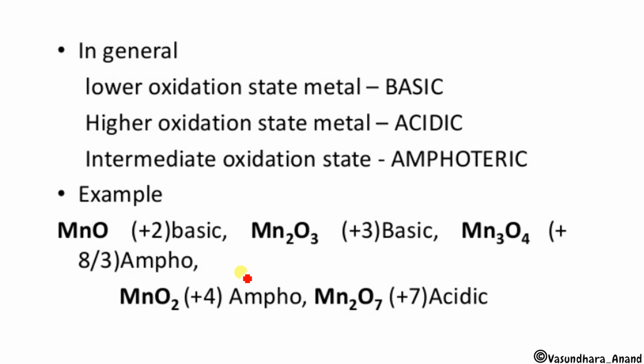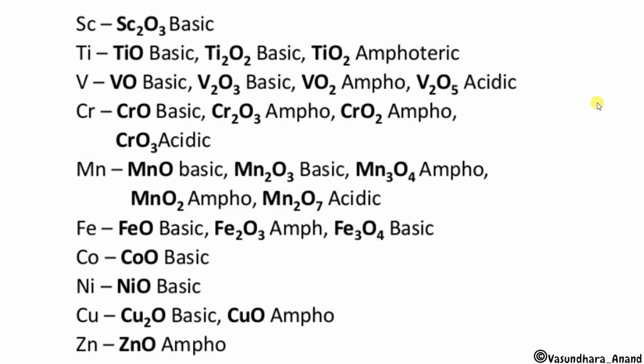Got it? Clear? Okay, now one more point I should write over here: lower oxidation state basic, and along with that ionic, and higher oxidation state will be acidic and covalent. Okay, you have a few more examples like scandium Sc2O3, this is basic, TiO basic.